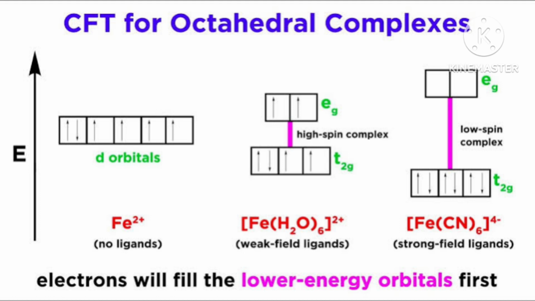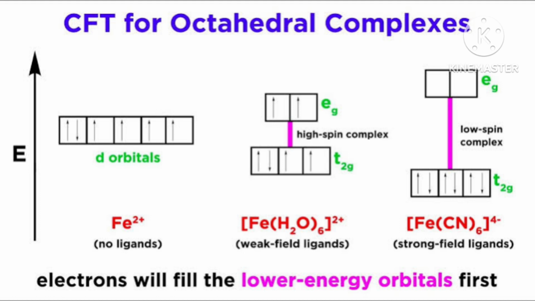And this EDTA 4 negative is less than NH3. And this NH3 is less than ethane-1,2-diamine, en. And en is less than CN, cyanide, CN 1 minus. And CN 1 minus is less than CO, carbonyl.